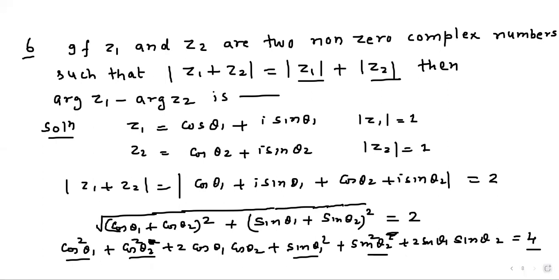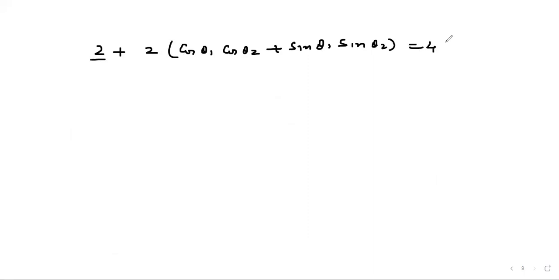So next step will be, it is 2 plus 2 times cos theta 1 cos theta 2 plus sin theta 1 sin theta 2 equal to 4. This 2 can be shifted to RHS. So from here, 2 times cos of theta 1 minus theta 2 equal to 2.